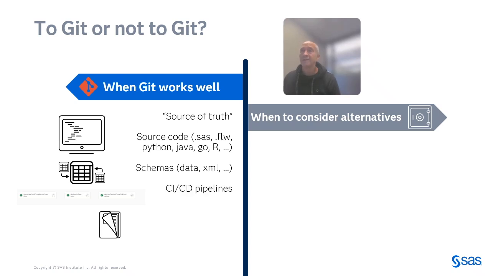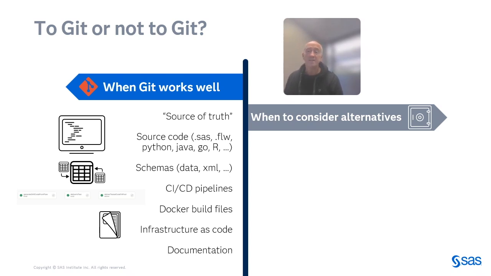I'll get to that. CI/CD pipelines, if you want to automate your build and deployment processes. Docker build files, the definition of what you want to have in your container images. Infrastructure as code is very popular to put in Git because those are also instructions that may have a life cycle that needs to be managed.